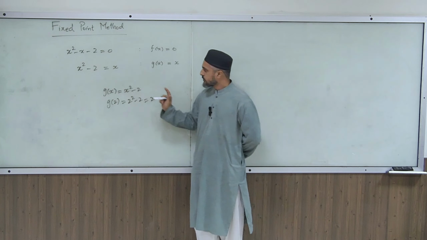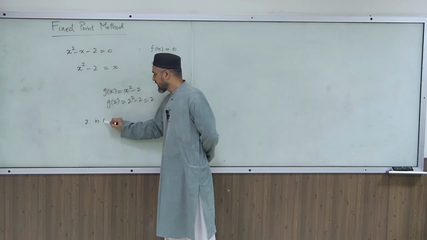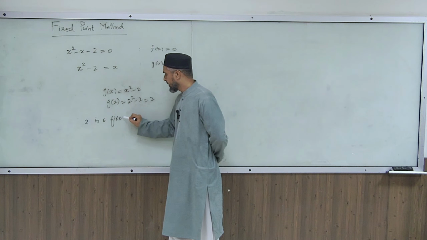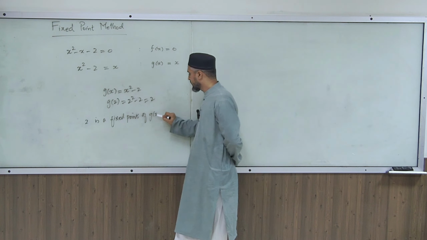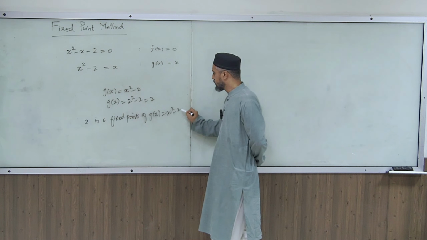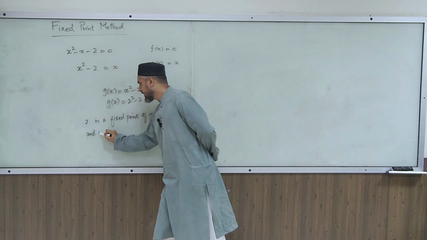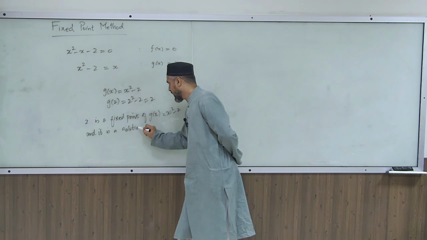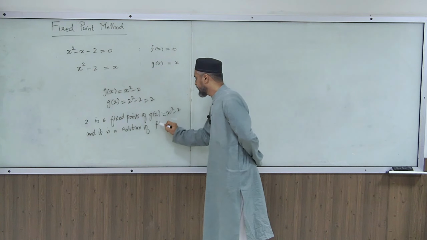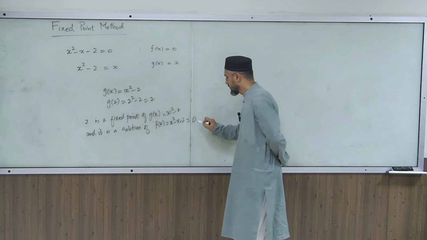Let me now write: 2 is a fixed point of g of x, which is x squared minus 2, and it is a solution of f of x, which is x squared minus x minus 2 equals 0.